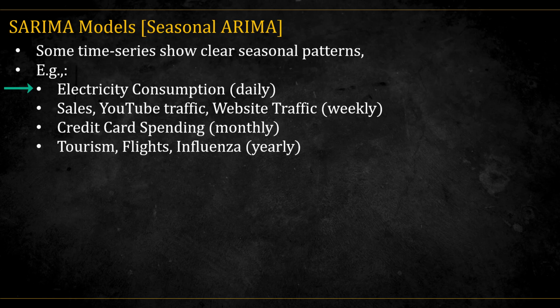Power usage typically peaks during the day but drops at night. Retail sales. Sales often peak on weekends as more people shop on Saturdays and Sundays. YouTube traffic. Views for educational videos might be higher on weekdays and lower on weekends. Credit card spending may show monthly cycles, and tourism activity or influenza cases may show yearly cycles.